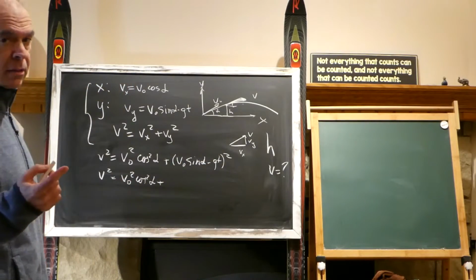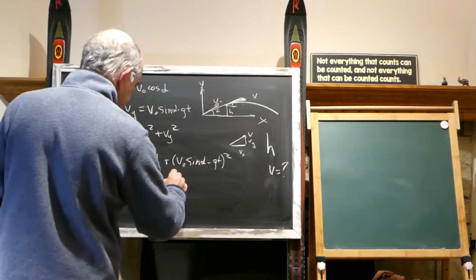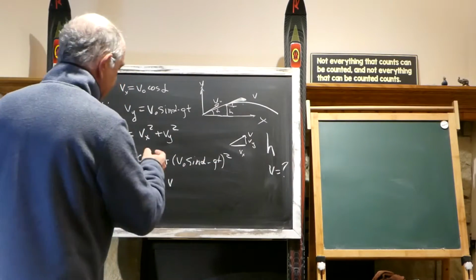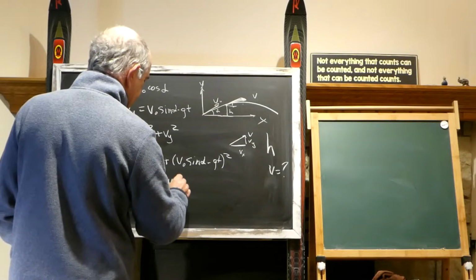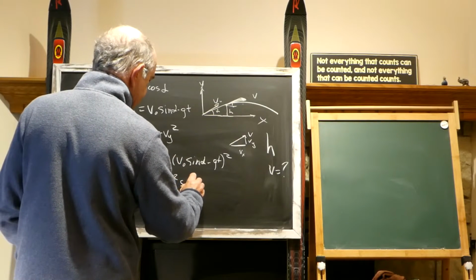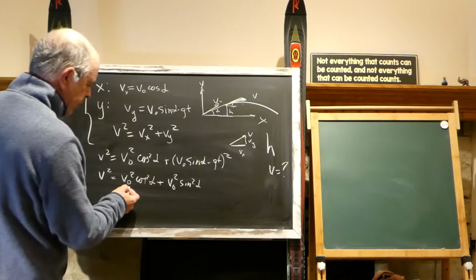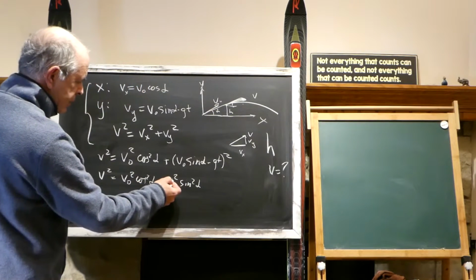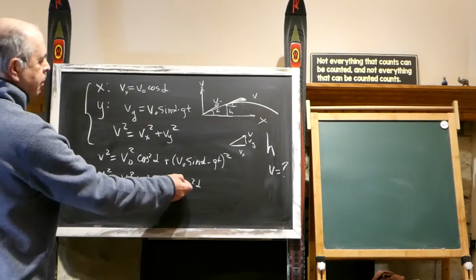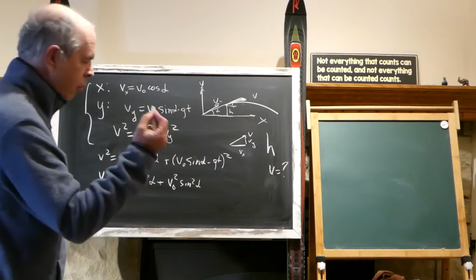So I have v squared equal v0 squared cosine squared plus, and this is a minus b. A minus b squared should be, if it's not, go to my algebra playlist and check. It is a squared, which is v0 squared sine squared, and by the way we already see that v0 squared will be factored out, and it will be cosine squared plus sine squared, which is 1.